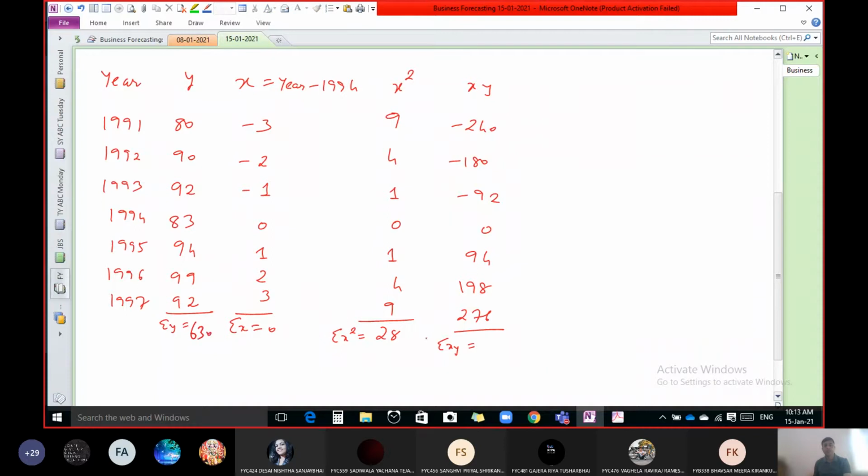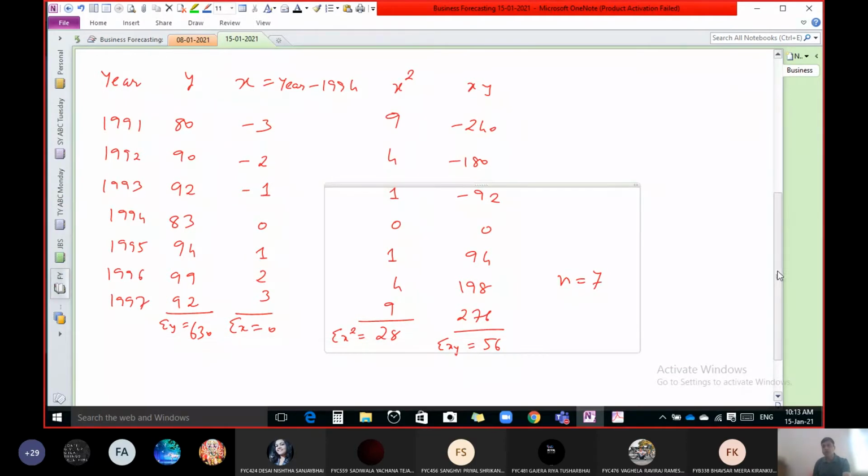And what is the total of xy, sigma xy? 56. Okay. And here what is n? 7. Correct, there are 7 years.